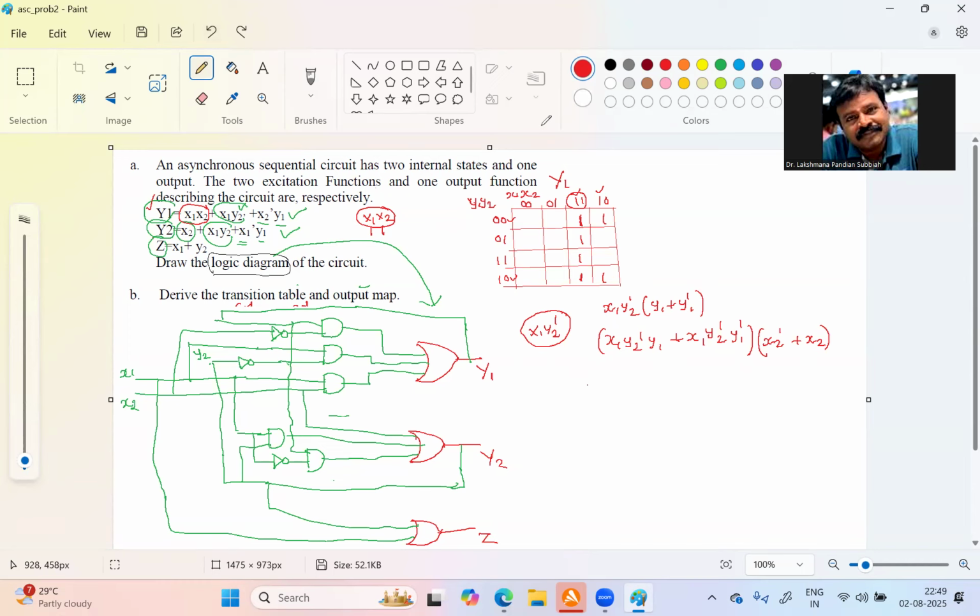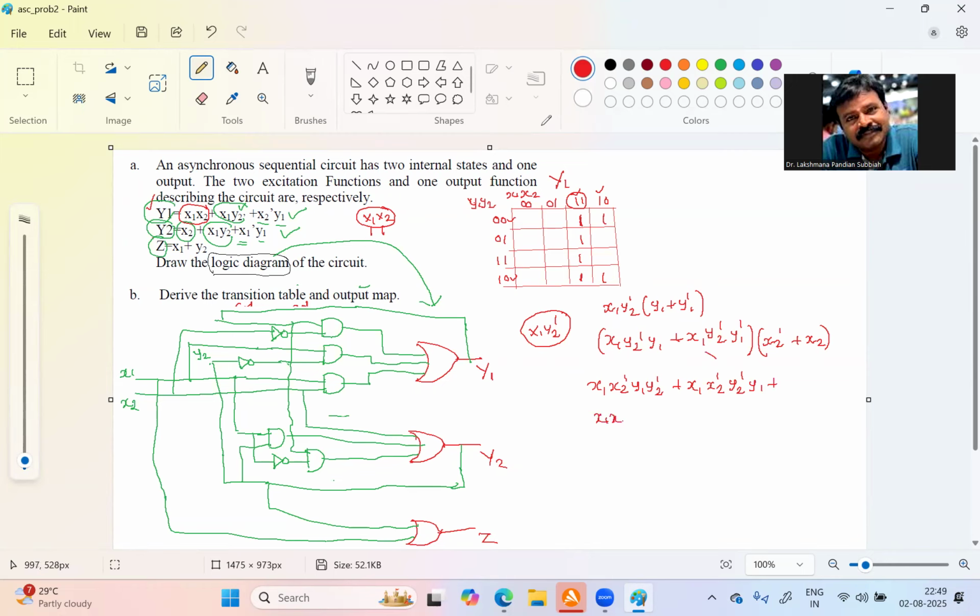Then x1 x2 dash y1 y2 dash plus this one as x1 x2 dash y2 dash y1, right? Then plus you multiply x2, right?